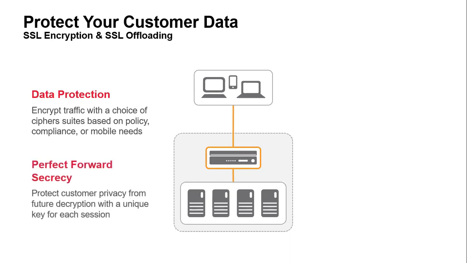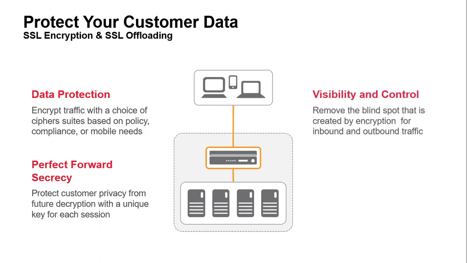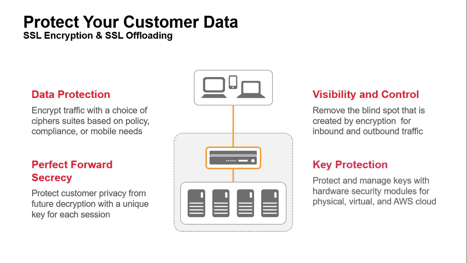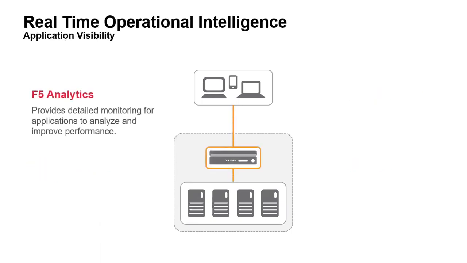Another is perfect forward secrecy, which protects customer privacy from future decryption with a unique key for each session. Then visibility and control: with this, you can remove the blind spot that is created by encryption for inbound and outbound traffic just with SSL offloading. Also key protection: protect and manage keys with hardware security modules for physical, virtual, and AWS cloud.